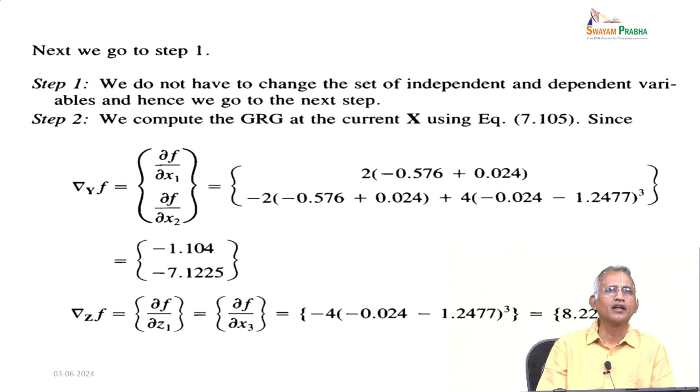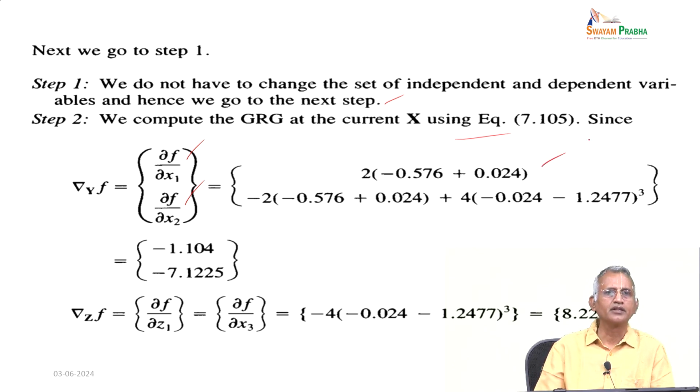In step 1, we do not have to change the set of independent and dependent variables. Therefore, go to the next step and compute G_R at the current x using the equation. Since del y f equals dou f by dou x1, dou f by dou x2, you take f partially with respect to x1, you get it.